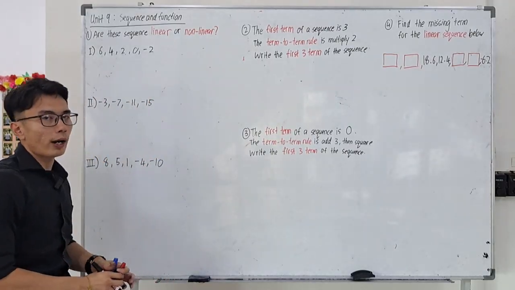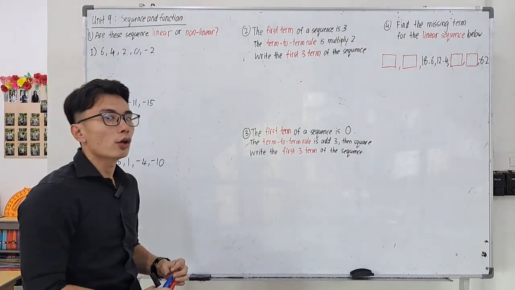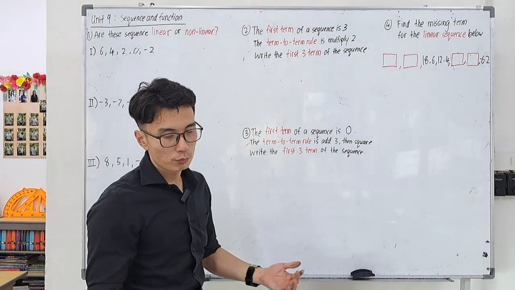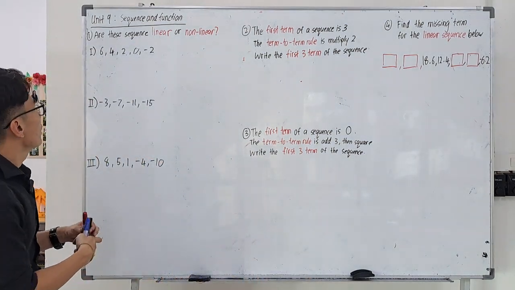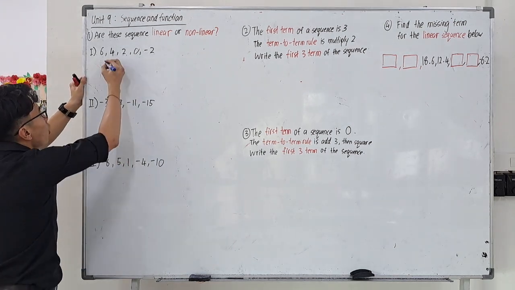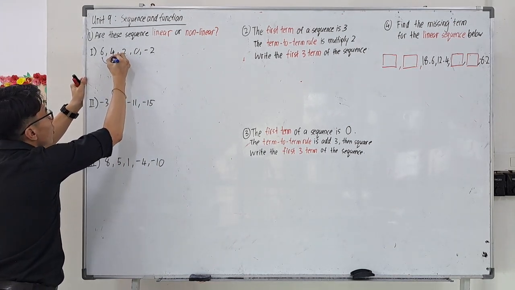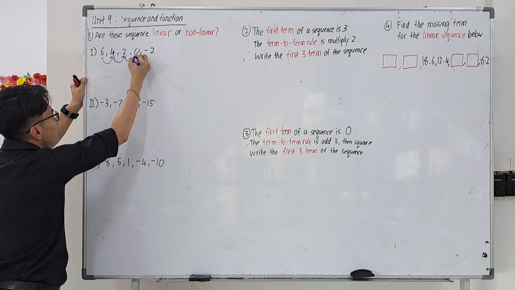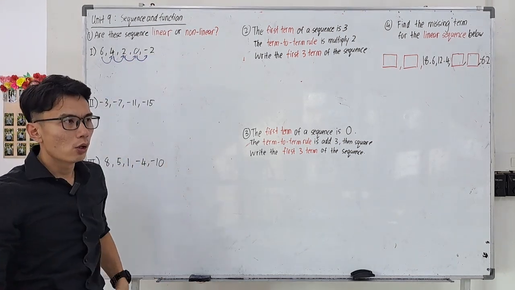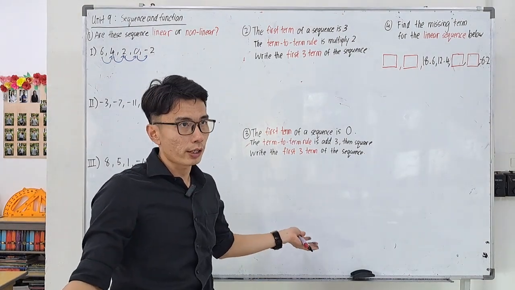Now, very simple, to identify whether they are linear or non-linear, all you need to do is to find their term-to-term rule. So what is that? If you want to talk about the term-to-term rule, all you need to know is, from each number to the next number, what is the change?